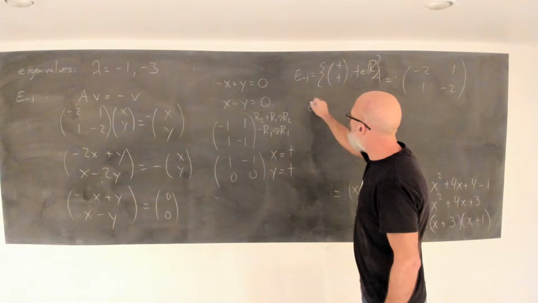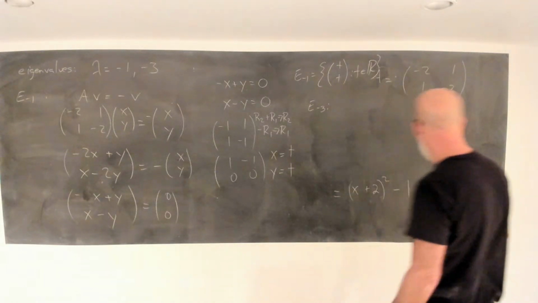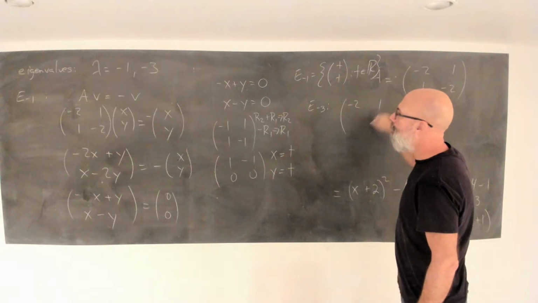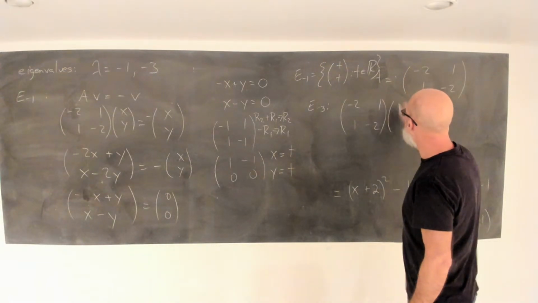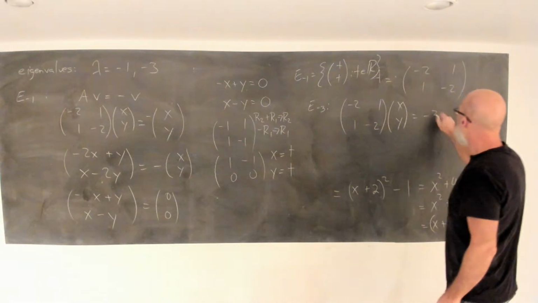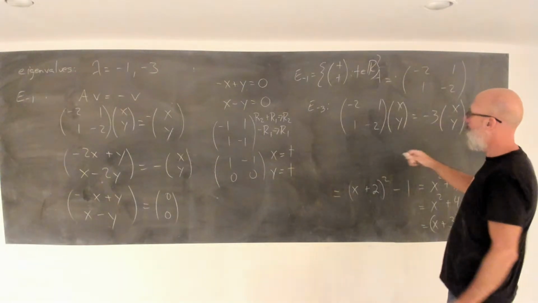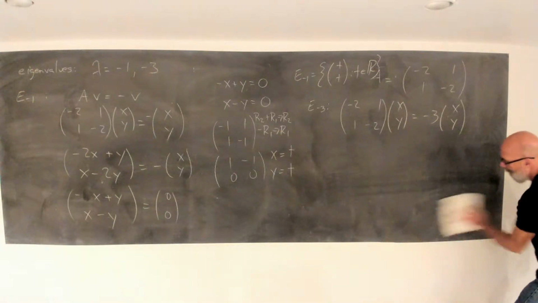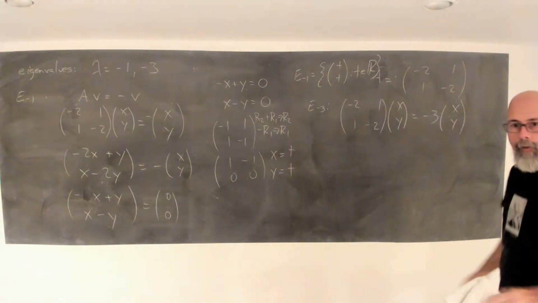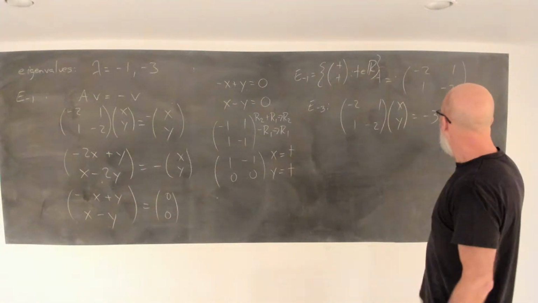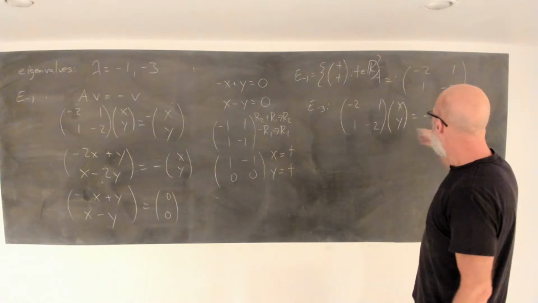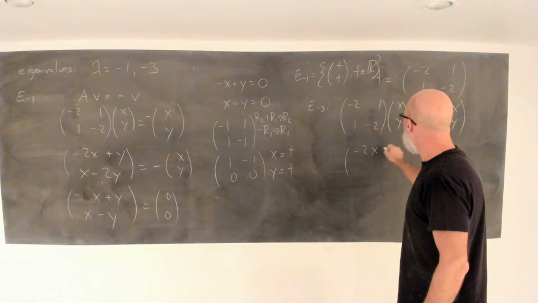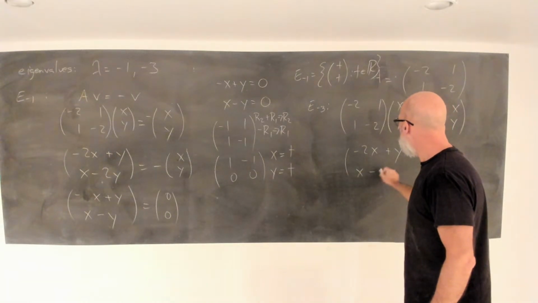Similarly, for the eigenspace associated to -3, same thing. And what do we get here? -2x plus y, x minus 2y.